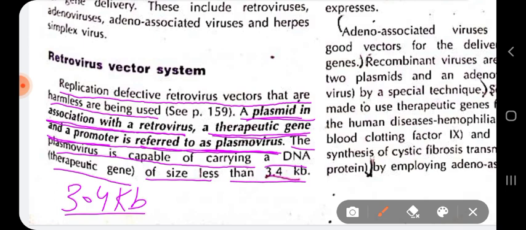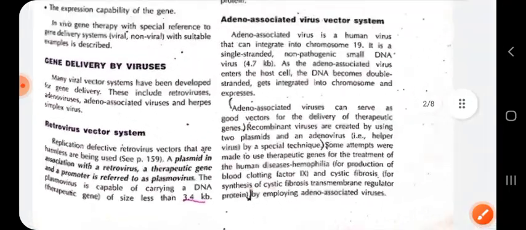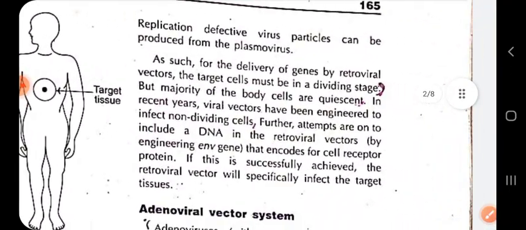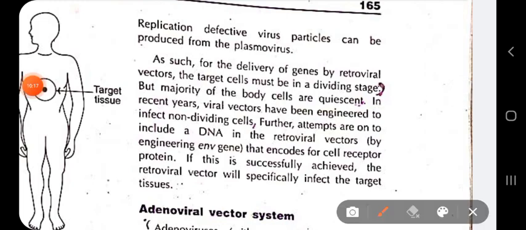Not more than that can we insert, because of its small size. Now those retroviruses which are defective in their replication machinery can be produced from the plasmovirus. So replication defective virus particles can be produced from the plasmovirus.